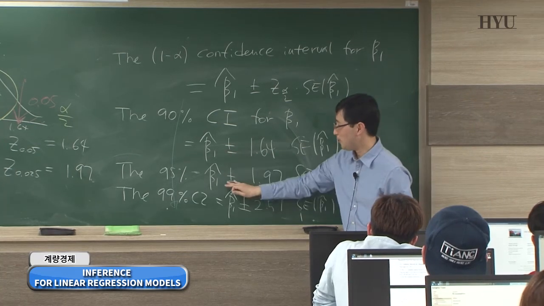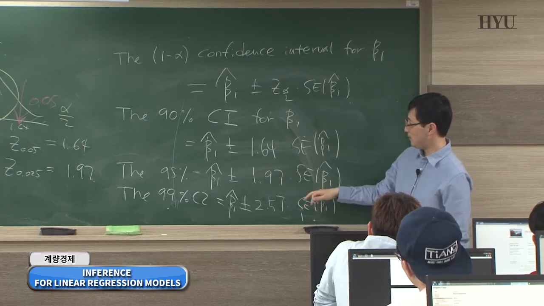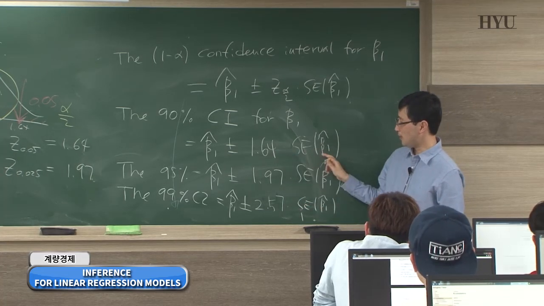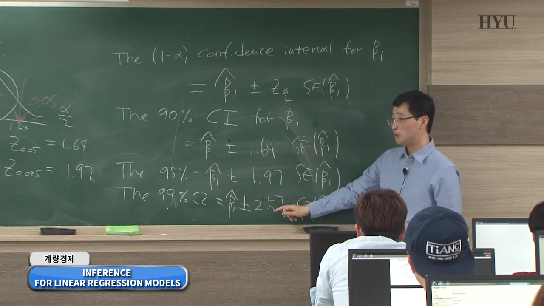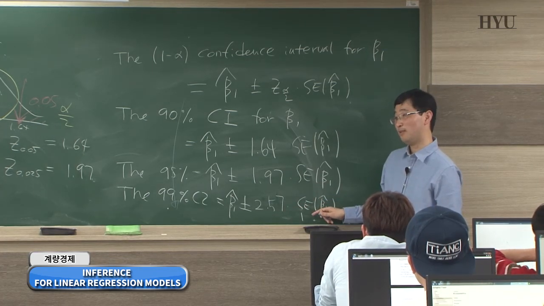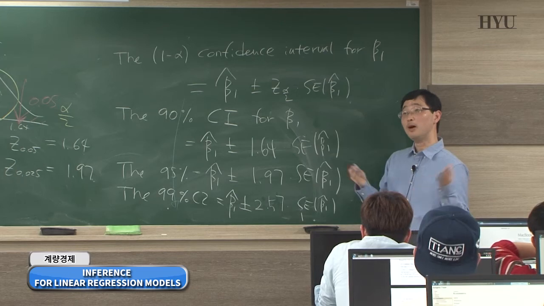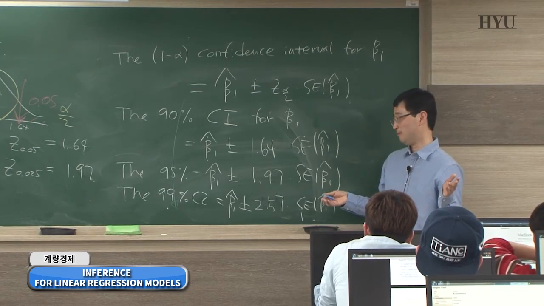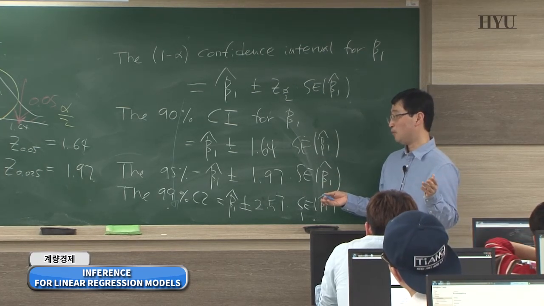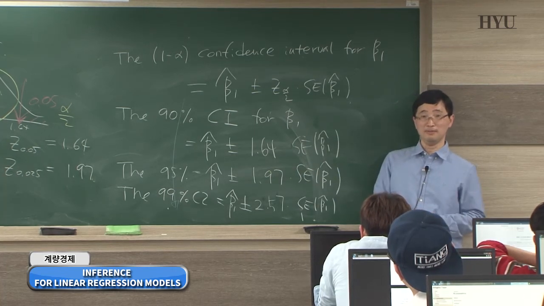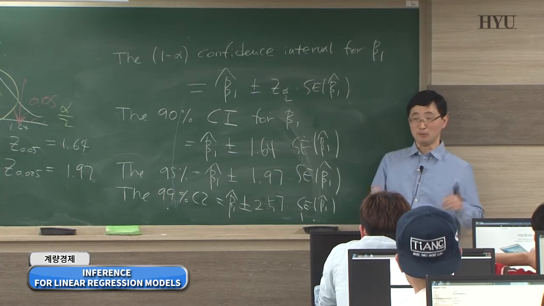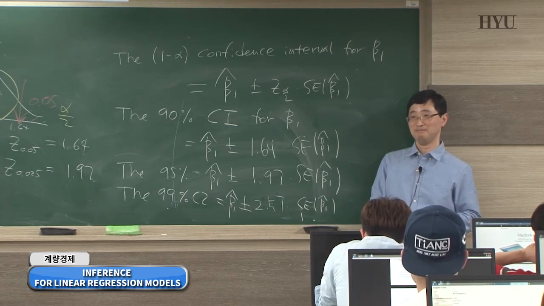It's the same center, plus minus about 1.6 times the standard error, about 2 times the standard error, about 2.6 times the standard error. So you need an interval which is wider. So in words, if you want to be more confident about your interval, you have to make it wider. Does it make sense?